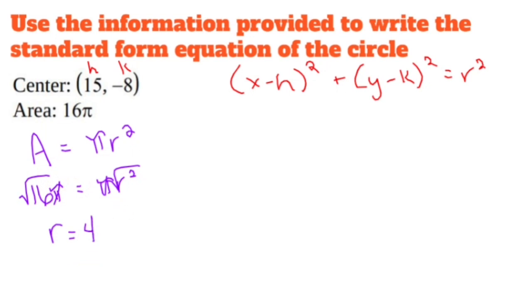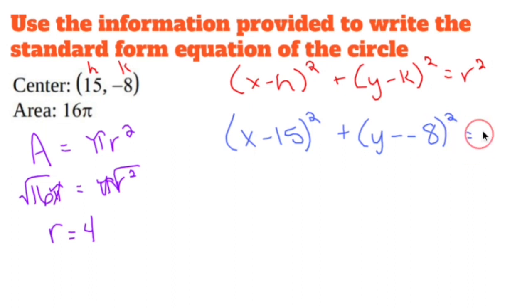Oh, so let's put all of this together, shall we? X minus h is (x minus 15) squared, plus sign. Y minus k is y minus negative 8, a double negative. We'll deal with that in a second. And r squared is 4 squared, which is a fun game. By the way, we already found out that r squared was 16 a minute ago.